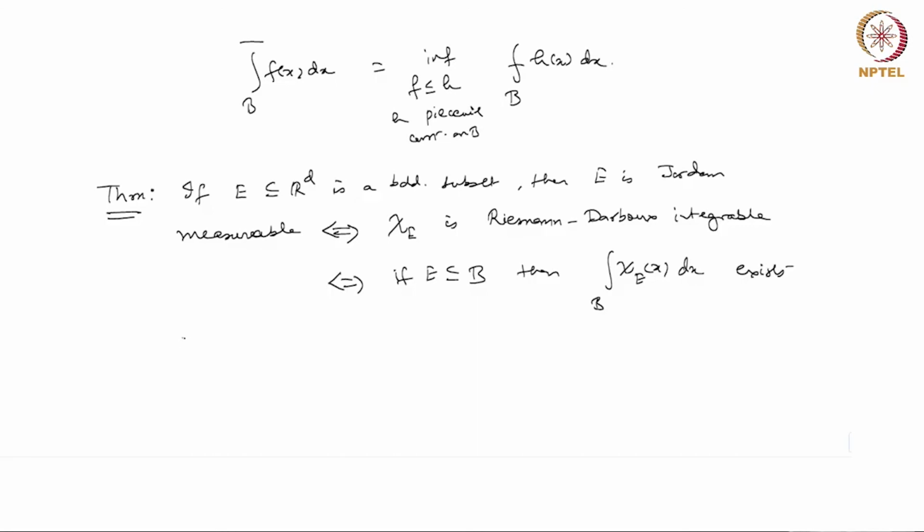And in this case, the Jordan measure of E is precisely this integral of the indicator function over B. So this is the straightforward generalization. Using the same proof, basically we can rewrite the proof for arbitrary dimensions and it will work fine.